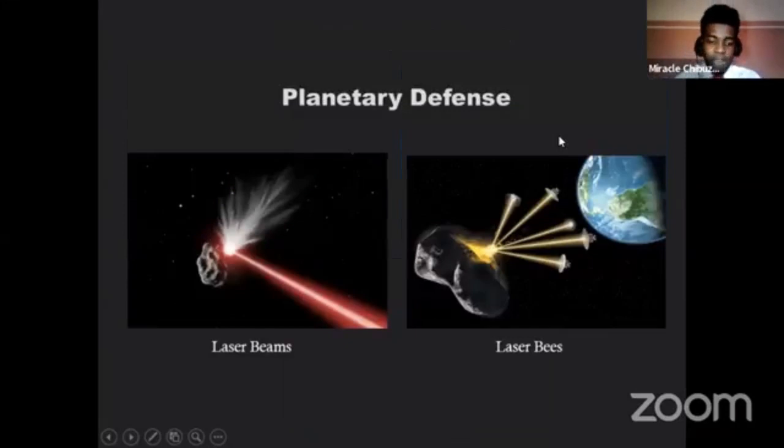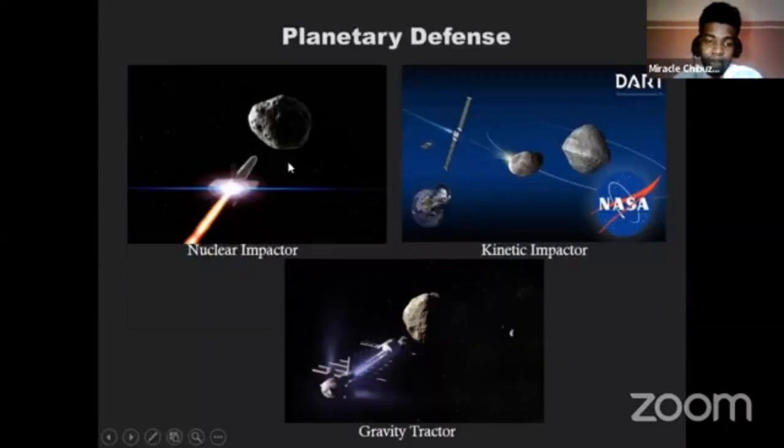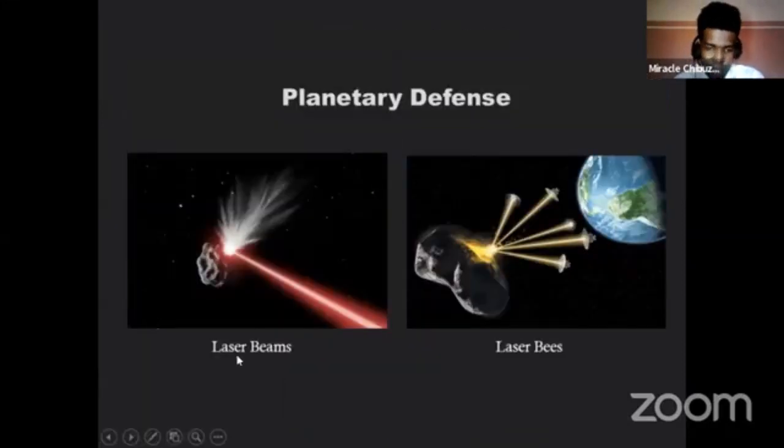Then we have the laser beam. The laser beam works like the nuclear impactor, because remember, in the nuclear impactor we talked about the work of heat. The heat vaporizes the solidified gases. So we have a satellite with a laser orbiting Earth, and an asteroid is approaching.